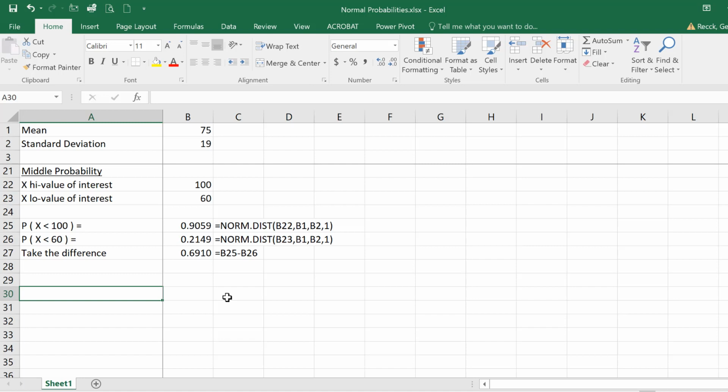So in the previous one, we noticed that the probability between 60 and 100 would be almost 70%. Let's work this a different way. Let's find the x values for the middle 50%.